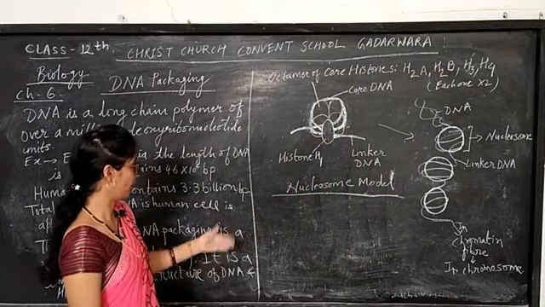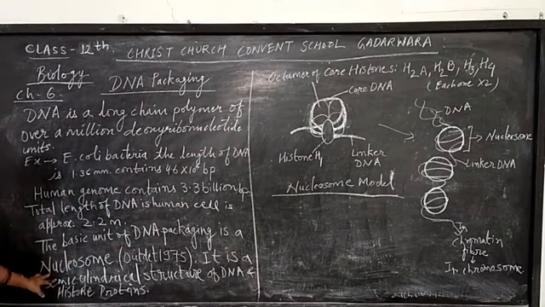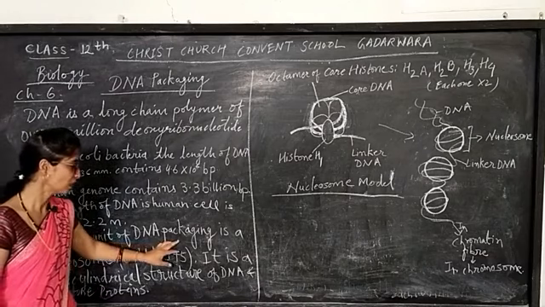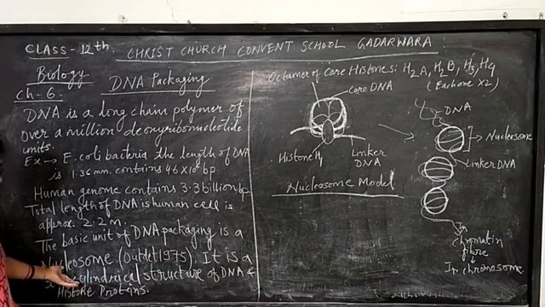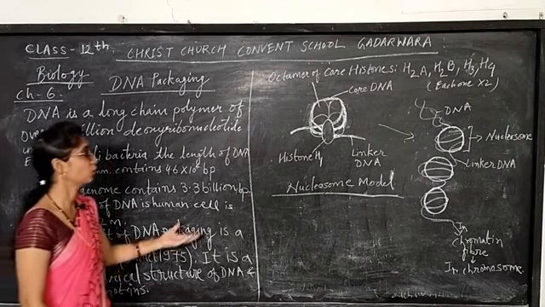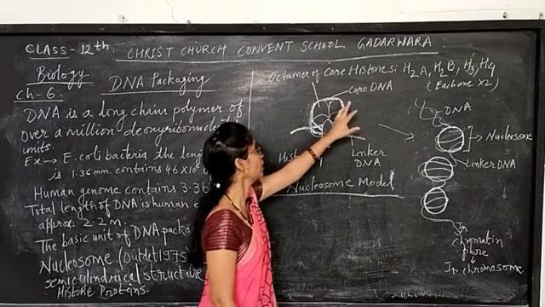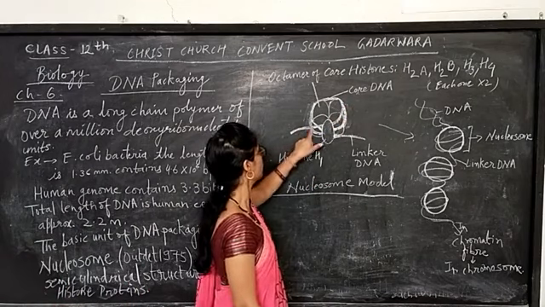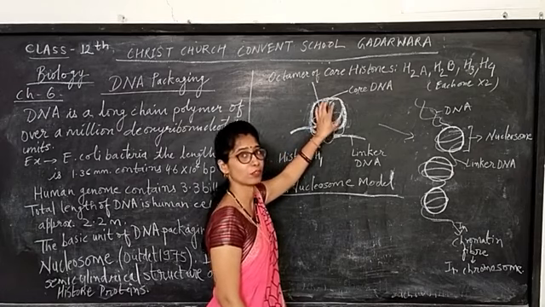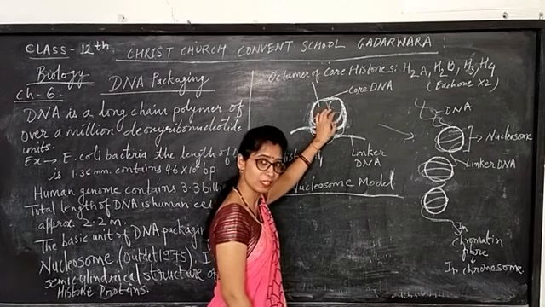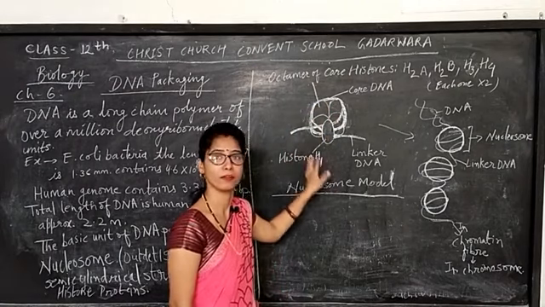Understand it? That is formed by the nucleosome. So DNA packaging, its basic unit is the nucleosome. The nucleosome is the semi-cylindrical structure formed by the DNA and histone proteins. Histone proteins are positively charged, basic in nature, and have low molecular weight.